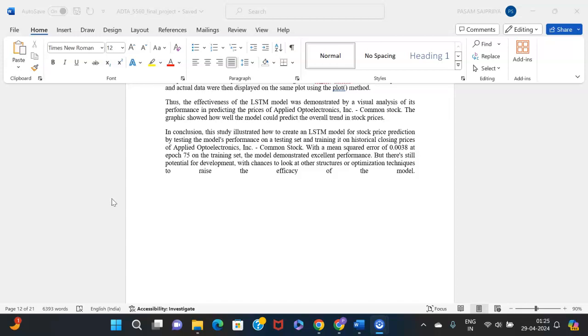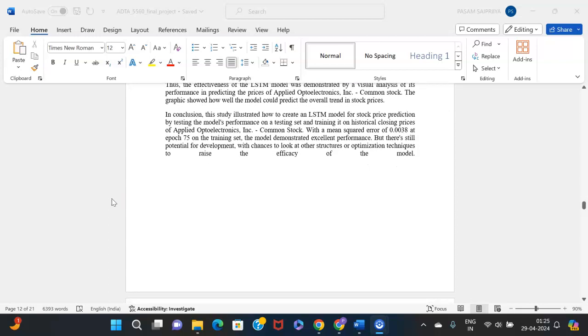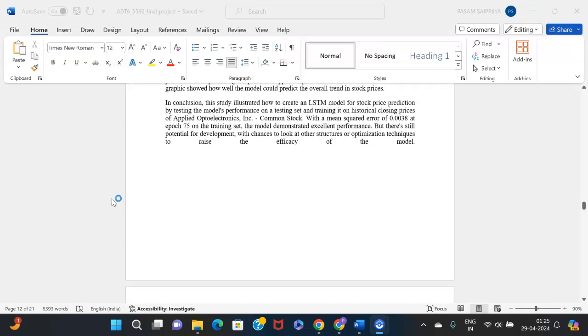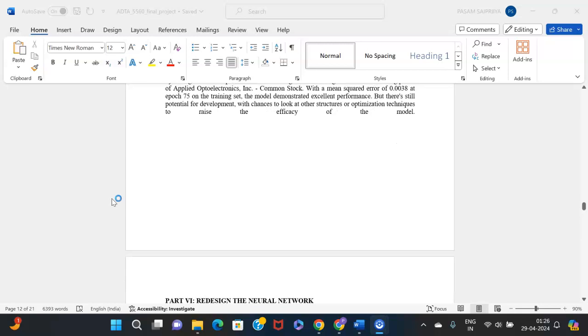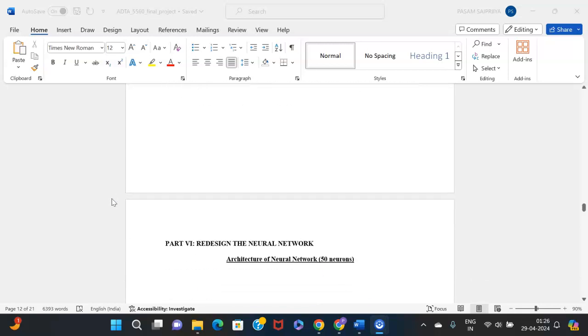With a mean squared error of 0.0038 at epoch 75 on the training set, the model demonstrated excellent performance, but there's still potential for development, with chances to look at other structures or optimization techniques to raise the efficacy of the model.